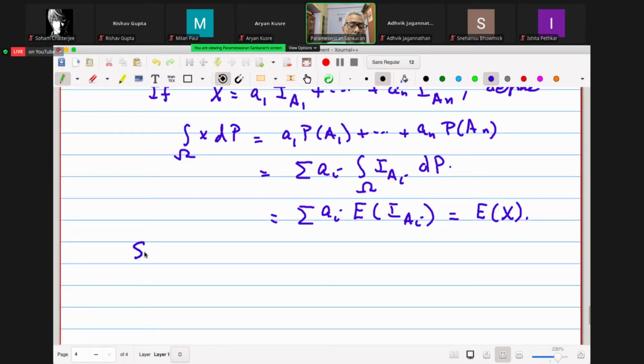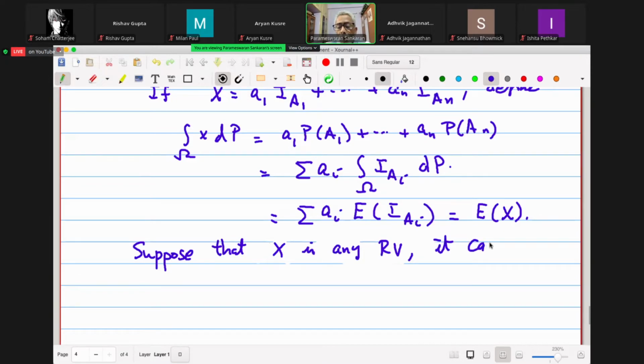Now suppose that, now you pass to the limit. Suppose that X is any random variable.